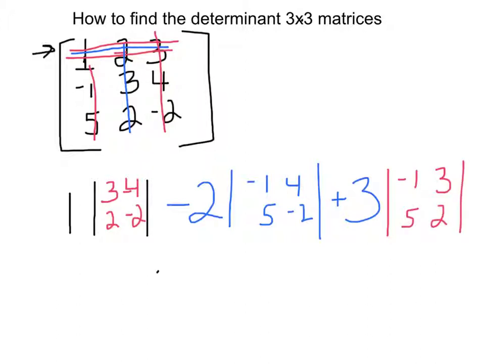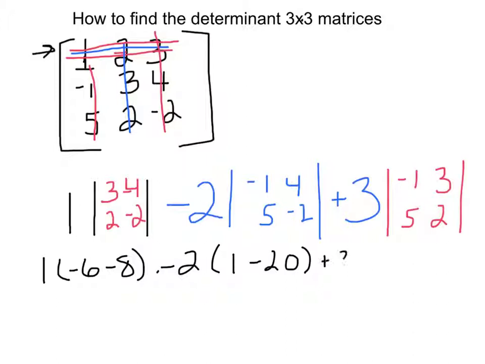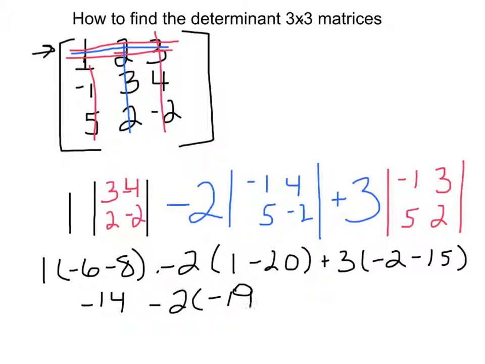And now you go ahead and just figure those determinants. So this left side would be 1 times negative 6 minus 8, minus 2 times 1 minus 20, plus 3 times negative 2 minus 15. And so you'd have negative 14 minus 2 times negative 19 plus 3 times negative 17.